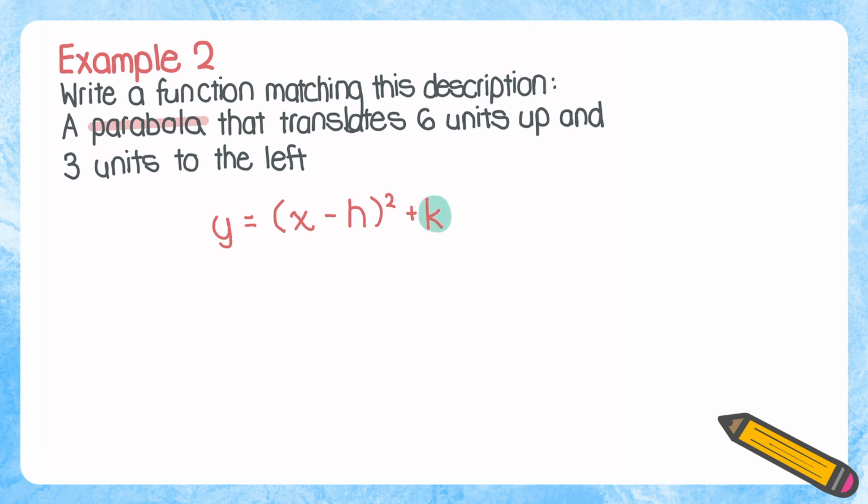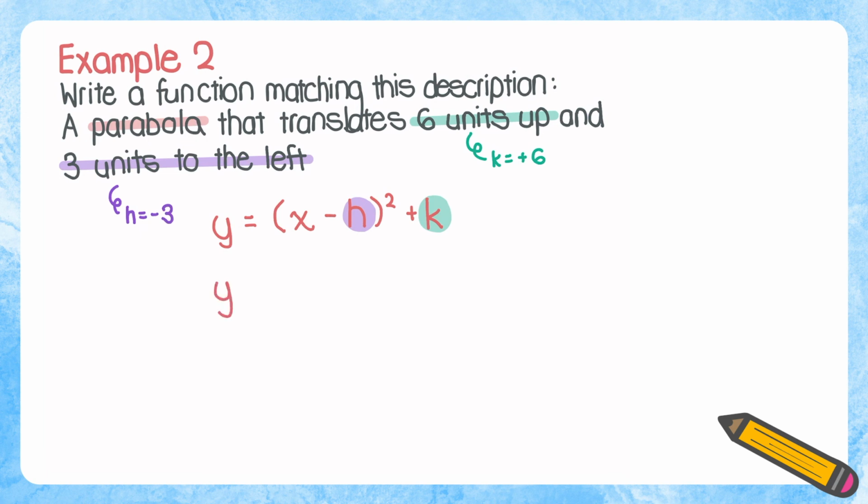So k is defined as going 6 units up. And so I know that k equals positive 6. And then what about h? So the description tells us 3 units to the left. So that means h equals negative 3.